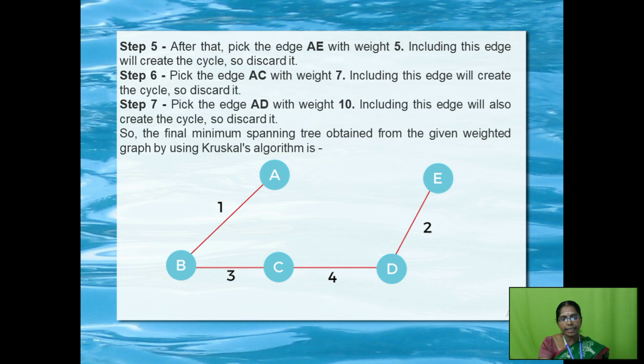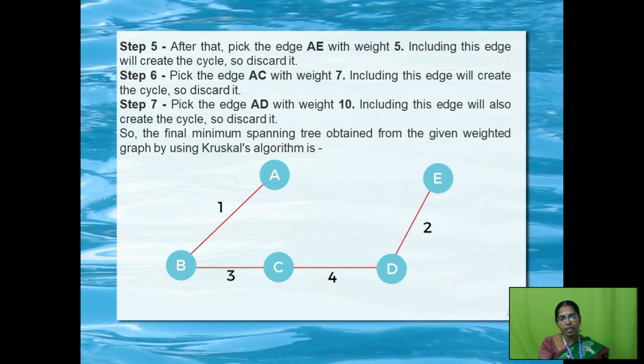After that, pick the edge AE with weight 5; including this edge will create a cycle, so discard it. Pick the edge AC with weight 7; including this edge will create a cycle, so discard it. In step 7, pick the edge AD with weight 10. Here also a cycle is created, so you have to discard it.